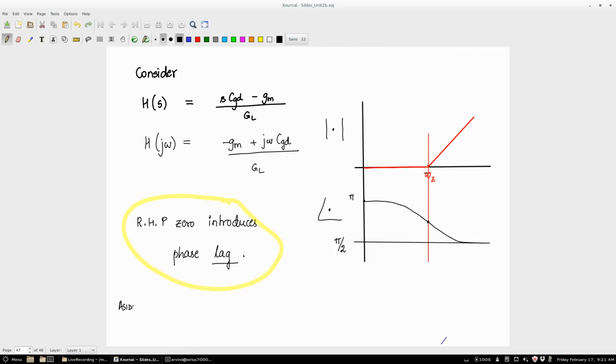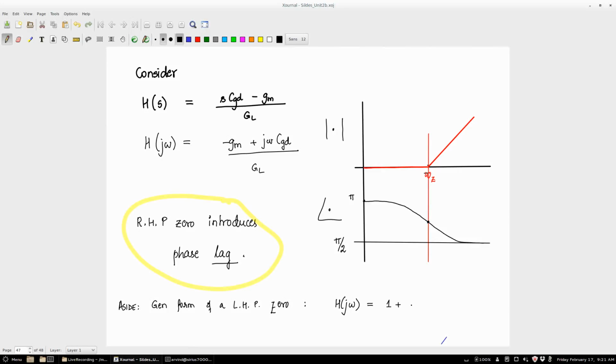On the other hand, if you have a left half plane zero, what will happen? You have a phase lead, right? What would a left half plane zero look like? This is the right half plane zero. Can you tell me the general form of a left half plane zero?